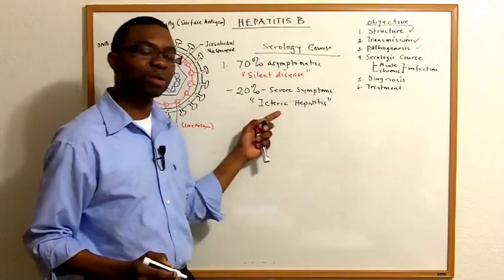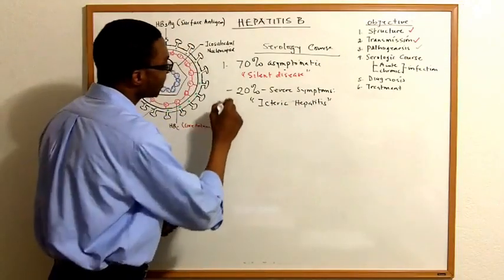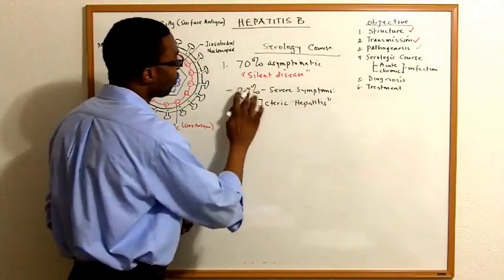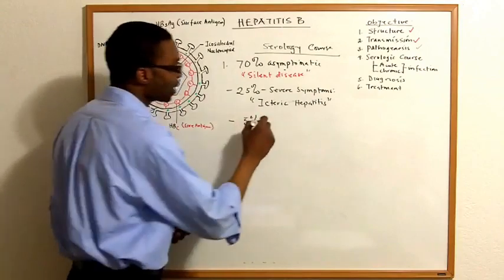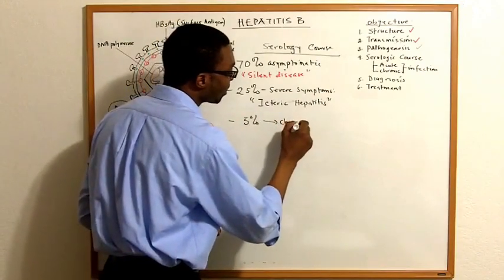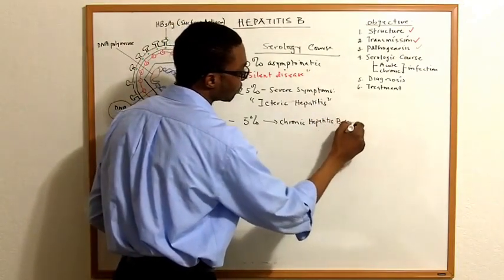Icterus, from the word yellow, jaundice, hepatitis. And I'm going to talk about that also. But there's another population of people, about 5% of patients, who can become chronic hepatitis B carriers.